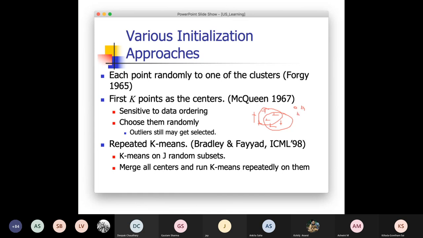If k equals 2, every random subset will give me these two points, and then you perform k-means on them. Whatever the result is, that is your initial center. That is not your final result, that is your initial center. Then you perform k-means on the whole data set using those centers. That is what repeated k-means is. Is it understood? Any questions on this?